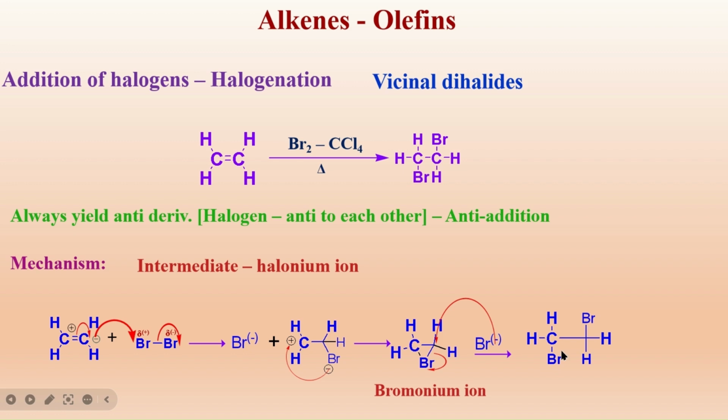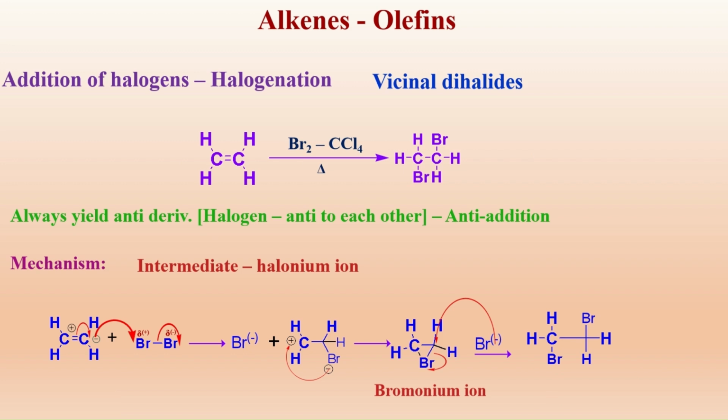That's why I get 1,2-dibromoethane, that is, vicinal dihalides. The halogens are on the two adjacent carbons. This is how the addition of a halogen across the carbon-carbon double bond gives the anti-addition product.